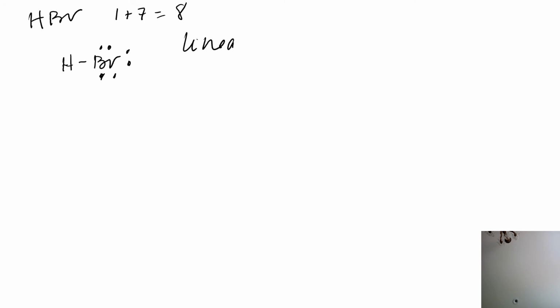There's no way for it to be anything otherwise for both electron and molecular geometry. Is it polar? Yes. We have a permanent dipole. Bromine is far more electronegative than hydrogen.